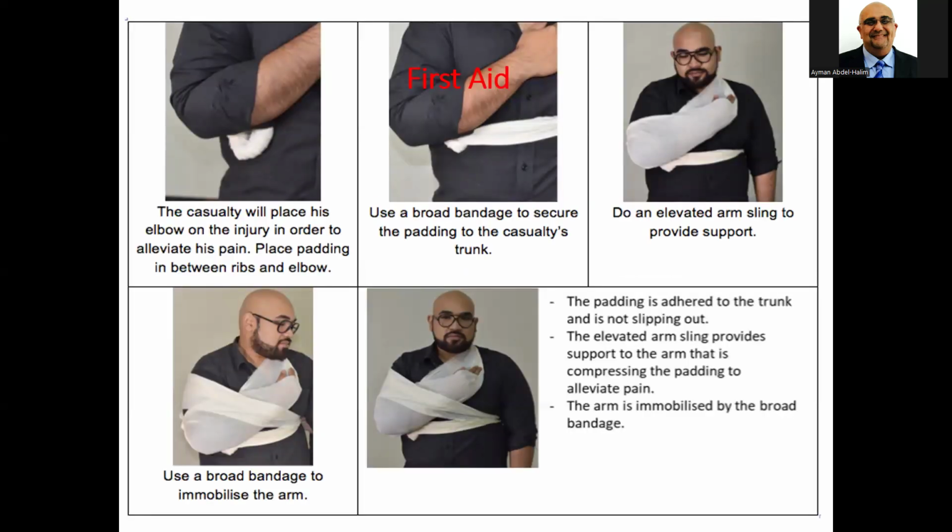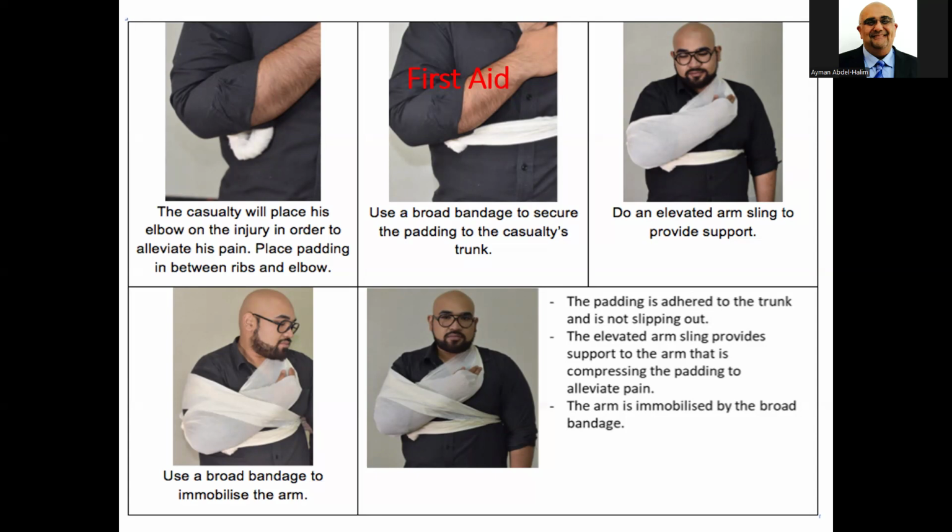This picture shows you the first aid therapies that we do for fractured ribs. The whole idea is to stabilize the fractured segment. Once you stabilize it, your other lung will be working well, and you will not have pain.